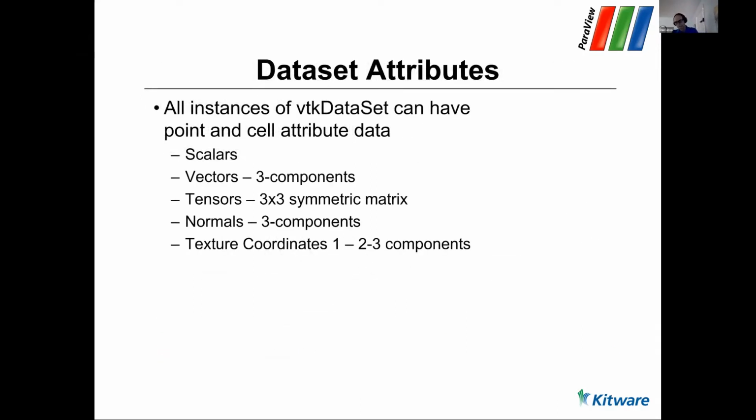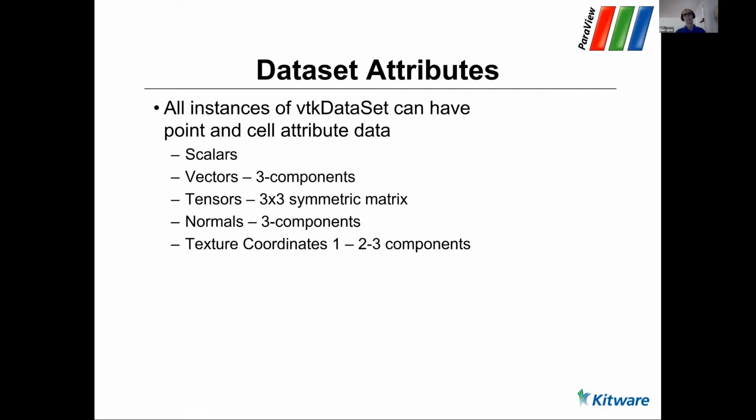Once you have the data set, that is the point positions and the cells, you often store attributes together with the data set, such as pressure at each point, temperature at each point, and so on. You have different types of attributes. You can have scalar attributes, which is just one scalar value. You can have vectors, tensors, normals, texture coordinates.